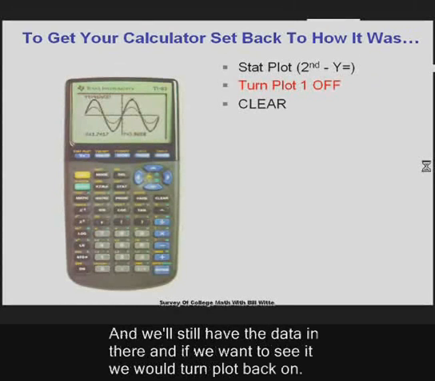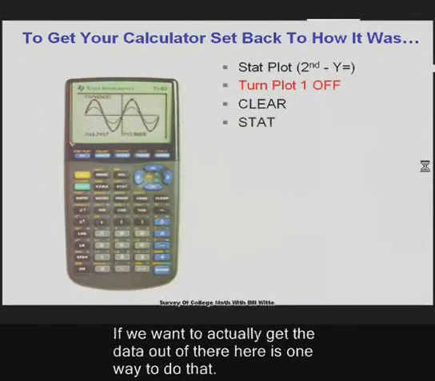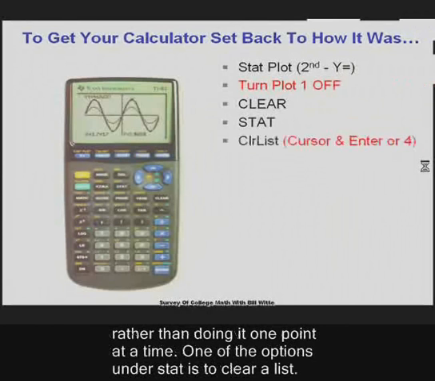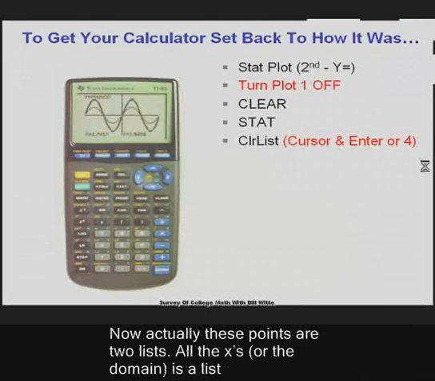Now we'll still have the data in there, and if we want to see it, we can turn plot back on. If we want to get the data out of there, here's one way to do it, and there may be way more than 3 points, so this is probably a more efficient way than doing it one at a time. One of the options under stat is to clear a list. Now actually these points are 2 lists.